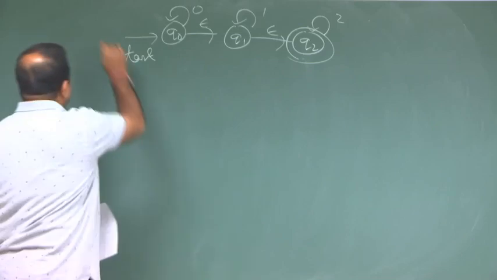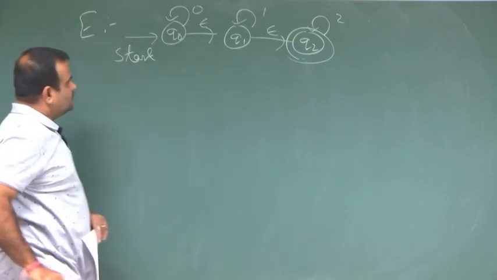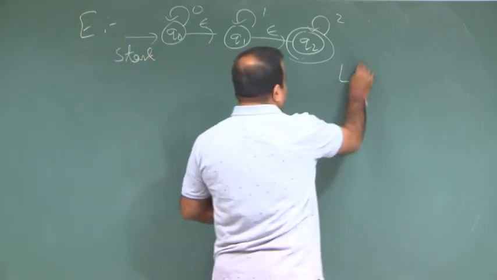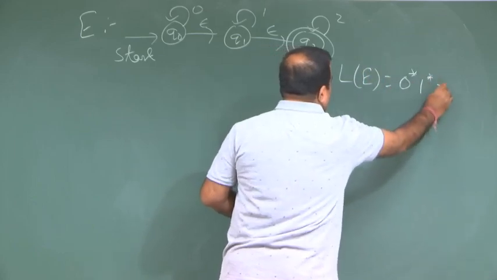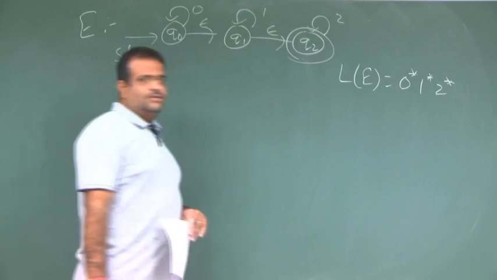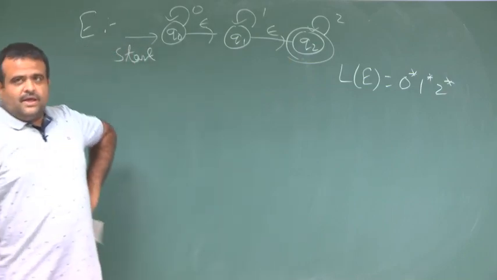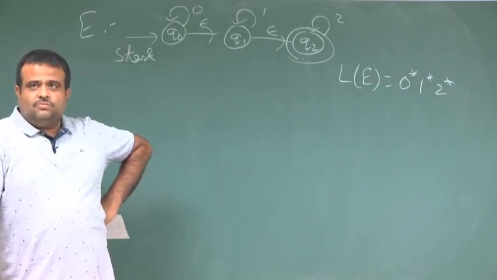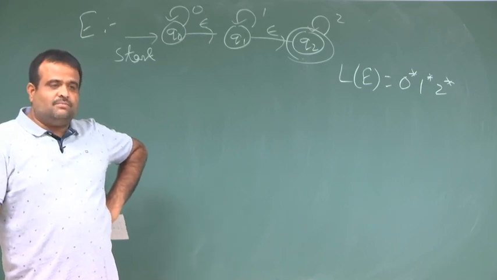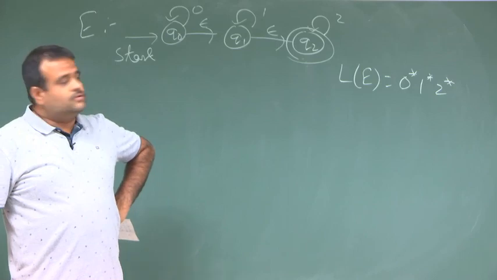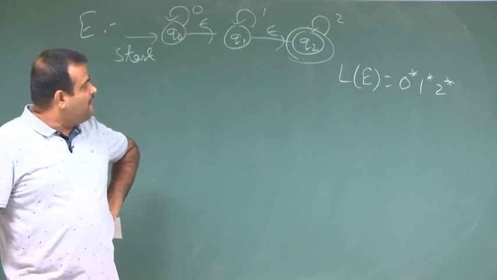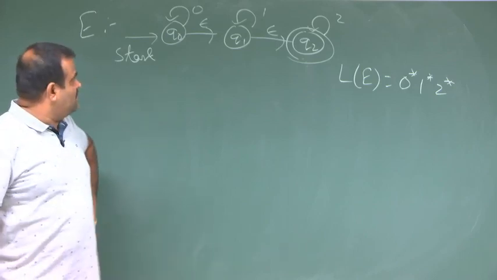So, this is our E and we know that L of E is 0 star, 1 star, 2 star. So, any string of any number of zeros followed by any number of ones followed by any number of 2s. So, that is the language accepted by this epsilon NFA.